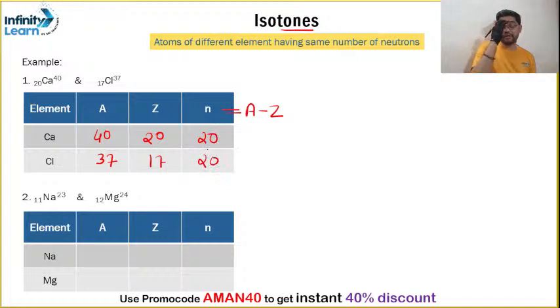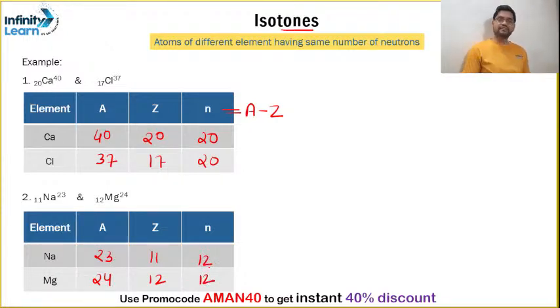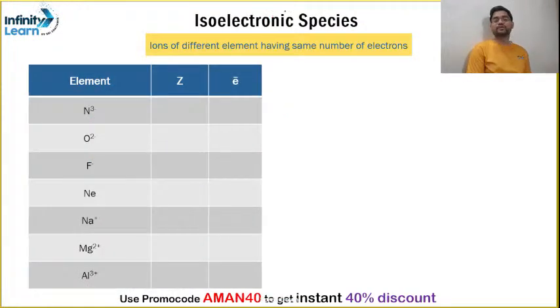So they are isotones of each other. Similarly, mass numbers 23 and 24, atomic numbers 11 and 12, so neutrons are 12 and 12. Again they are isotones. Elements having the same number of neutrons are known as isotones.